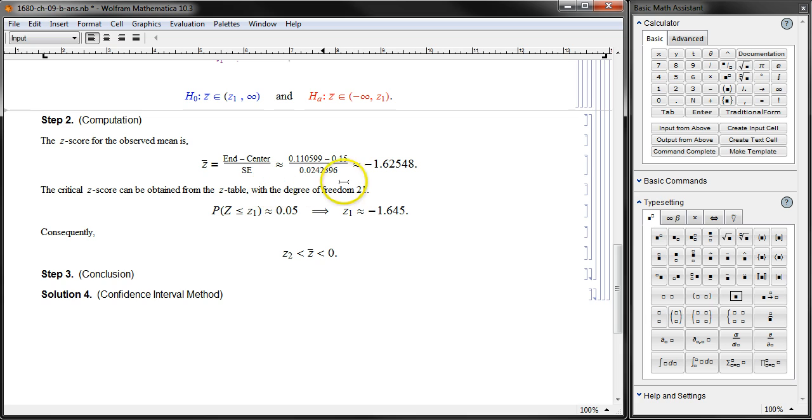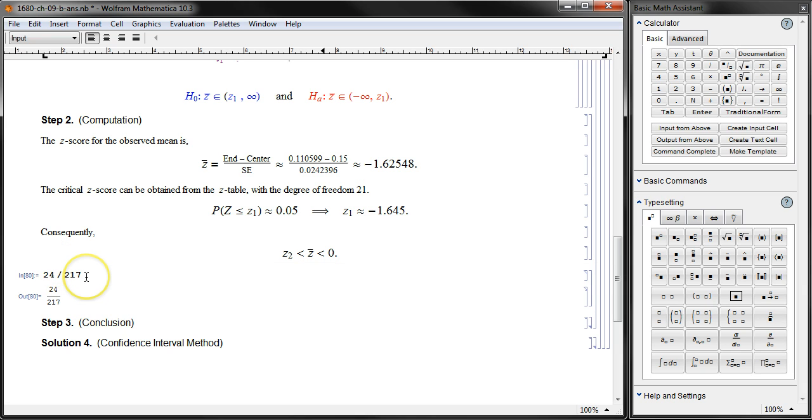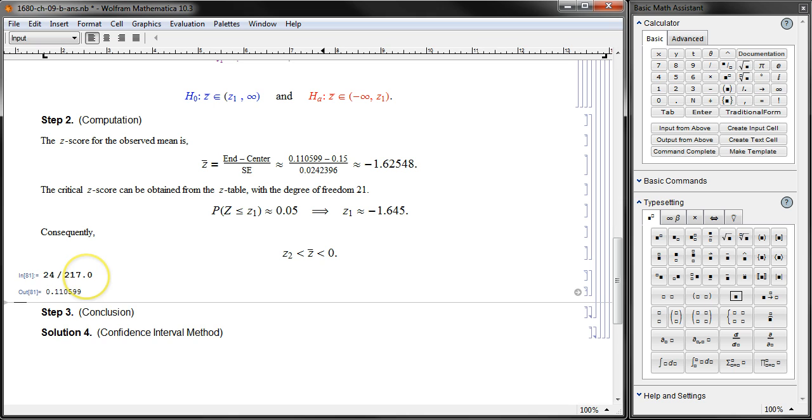Okay, so how do we handle that? End minus center over SE, and this end is coming from, as a matter of fact, 24 out of 217. Calculate. We have 0.110599. Yeah, that's the end.